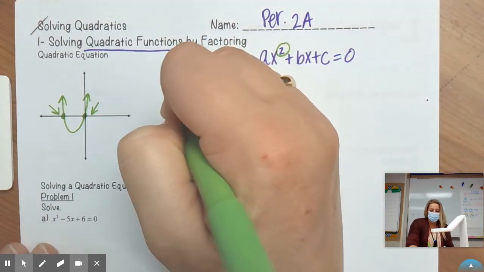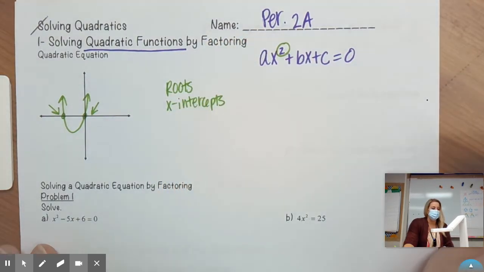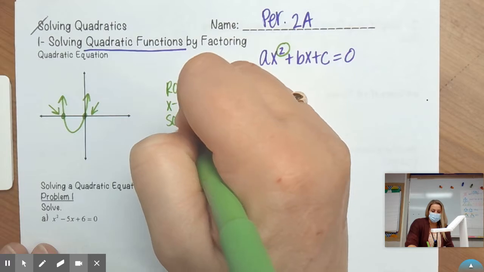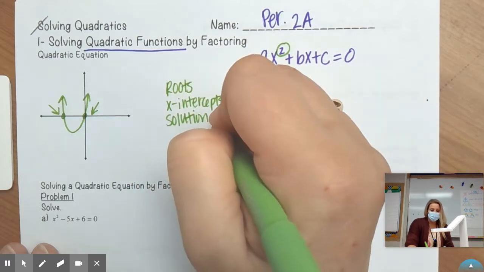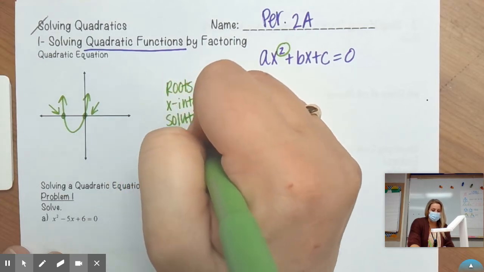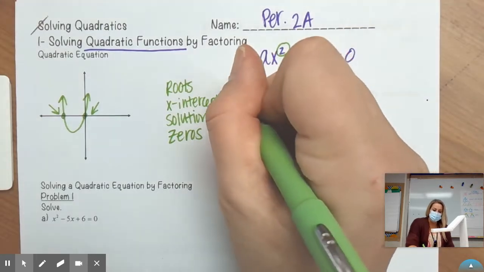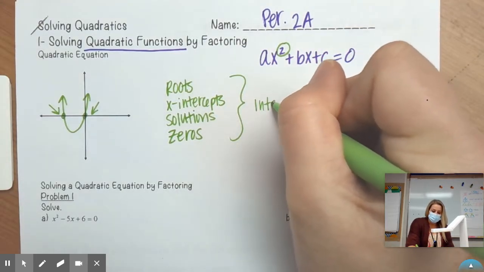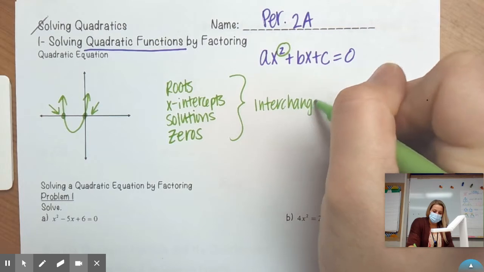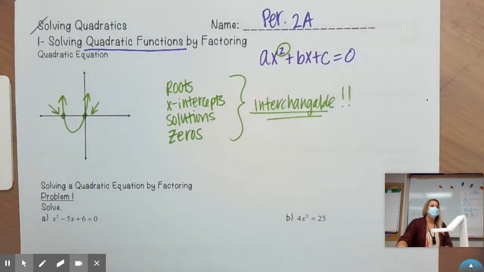They might say find the x-intercepts of this equation. They might say find the solution or solutions to this equation, or they might say find the zeros. And zeros just mean find where your y is 0, what is your x value. Okay, so these are all interchangeable. They all mean the same thing.